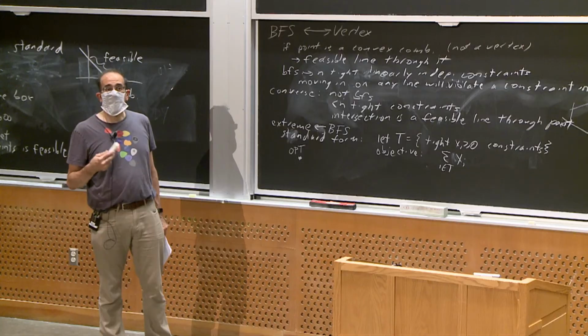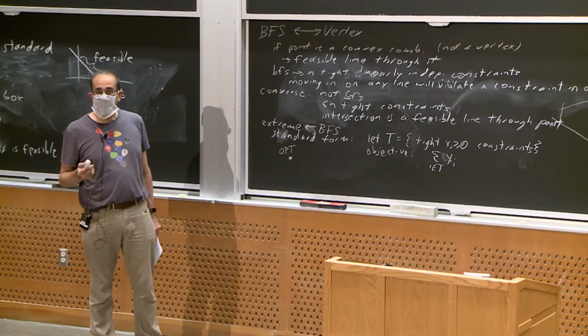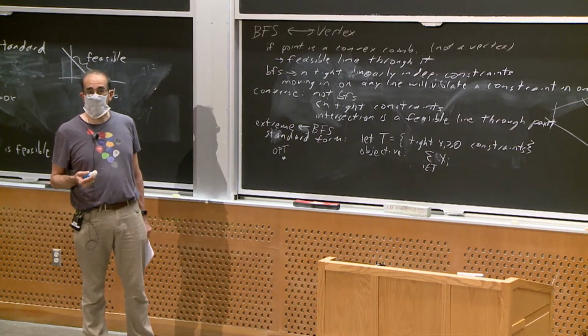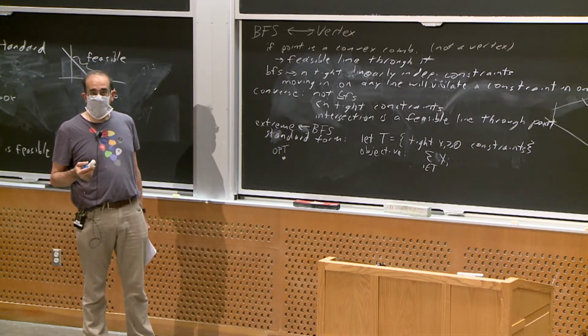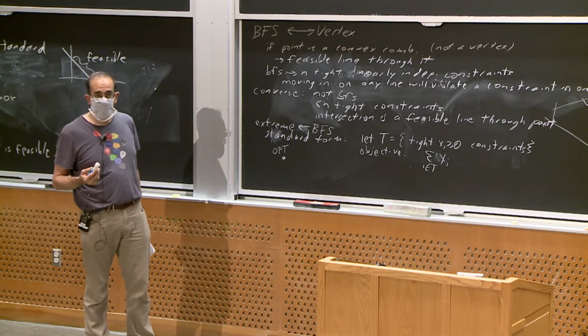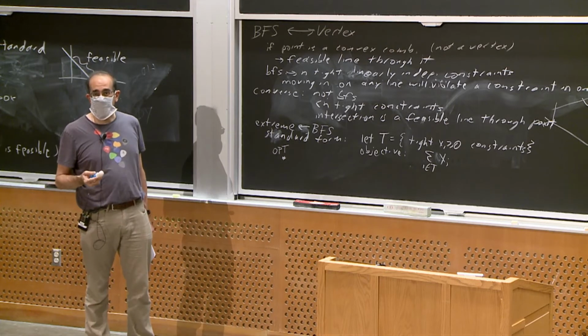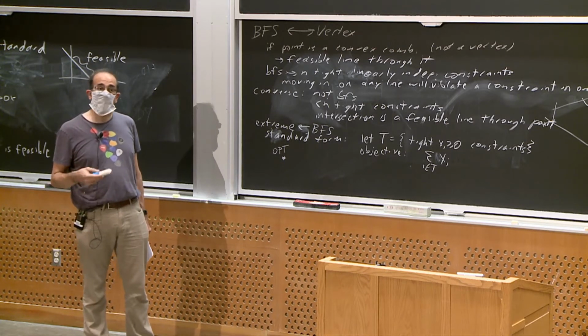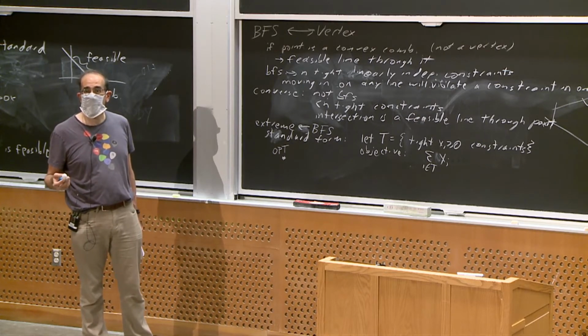So again, any line through this point, one of its directions has to take me through a constraint. And the only way that can happen is if you have n tight constraints, because if there are fewer than n tight constraints, then there's a line on which you stay feasible, and in one of the directions of that line, you're not going to get worse in your objective function.